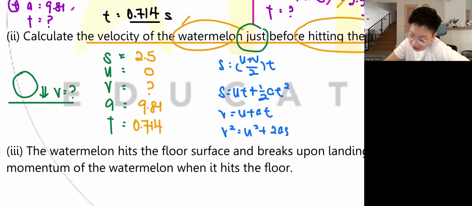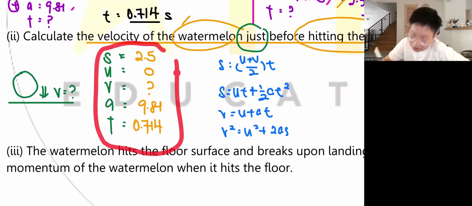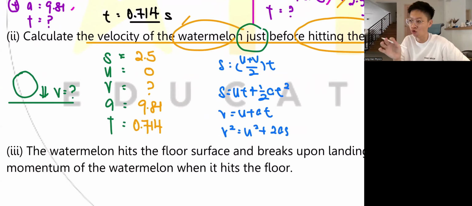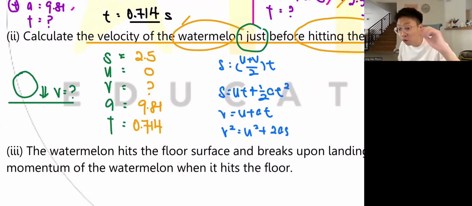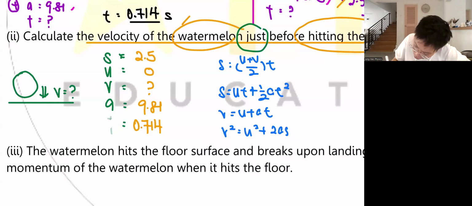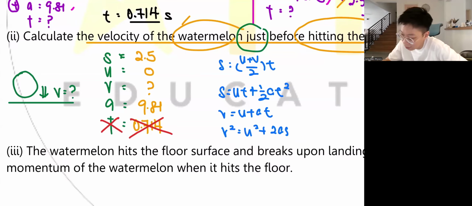Okay, the answer is Yan Yu, I'm not your friend. I have all of this information, and I need to take out one piece of information. I will choose not to use the t value. Any smart person want to tell me why I will choose the formula that doesn't have t?